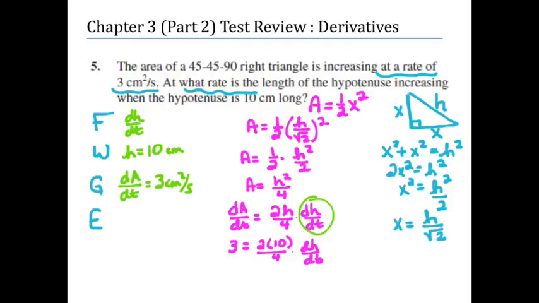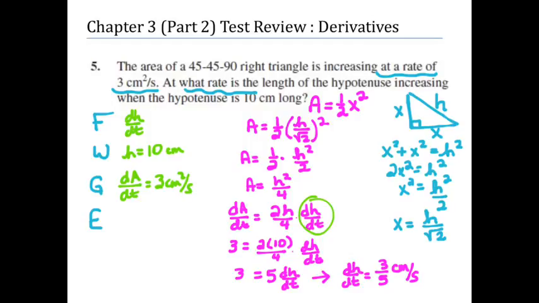So let's see, 2 times 10 is 20, divided by 4 is 5. dH dt equals 3 divided by 5. And then my units here, since it's the hypotenuse over time, it would just be centimeters per second.